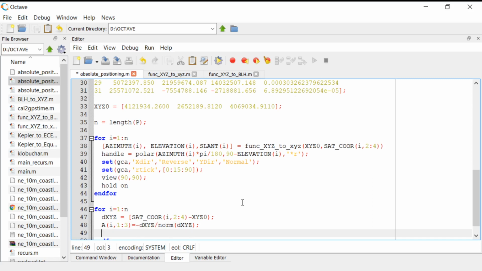Now my fourth column will include the satellite clock error. Satellite clock error, as you can recall, includes c times dtk. In this case, I can put c, but I would like to get the multiplication itself.